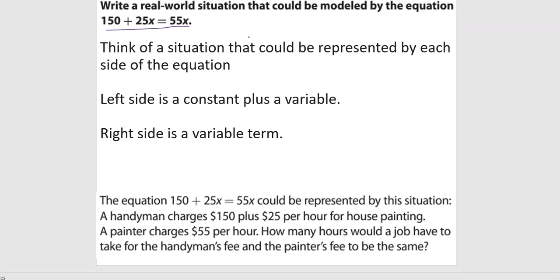Because the left side of the situation is a constant plus a variable, I know that I'm going to have some number, an initial fee or charge, and I'm going to add that to some sort of rate, something I'm multiplying consistently. Because my right side is just a variable term, it's just going to include a rate.